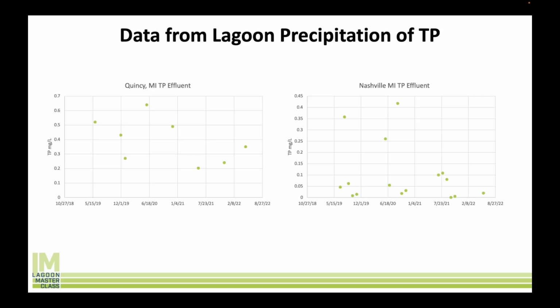So really nice levels of phosphorus removal just by precipitating a lagoon. The reason we say 1 milligram per liter for precipitation and not 0.2 milligrams per liter is that, as you can see in some of the results, it tends to bounce around based on seasonality and all sorts of things. So from a reliability standpoint, I think 1 is a good target.